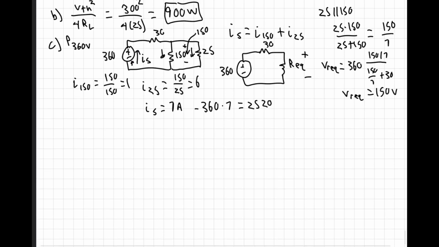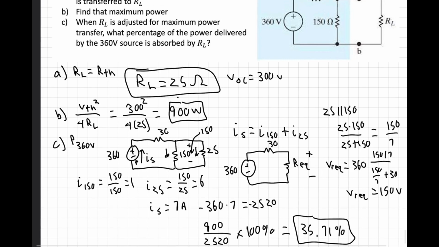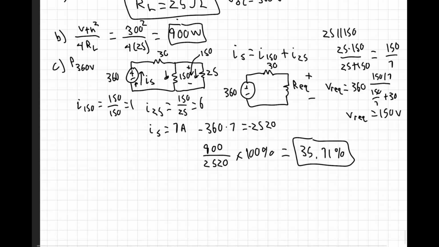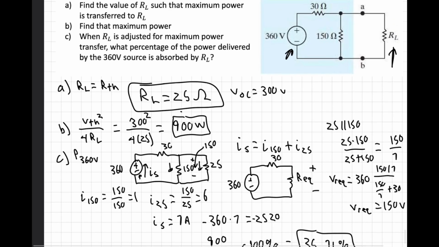The absorbed was 900 watts, and how much is being delivered is 2520. Multiply this by 100%, and this gives you 35.71%. So that's how much of our voltage source we're able to give power to this resistor, and that's the maximum you can get out of this circuit configuration.